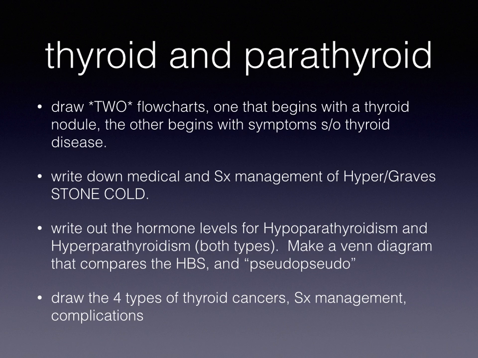And lastly, on my sheet of notes, I drew the four types of thyroid cancers, and they're very different in their complications, I guess. The surgical management is pretty similar, but still I drew out the four types of thyroid cancers.